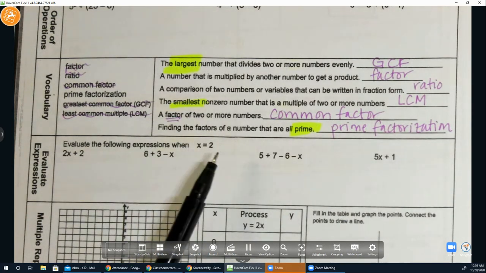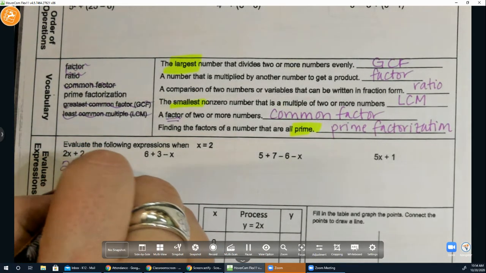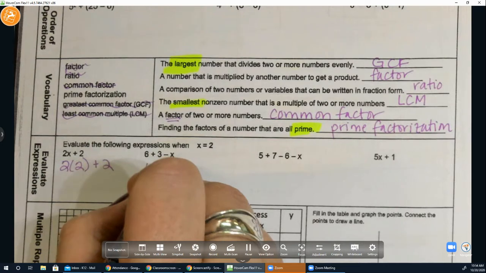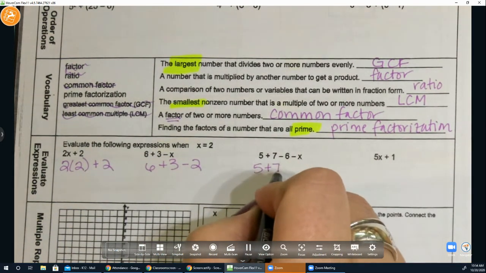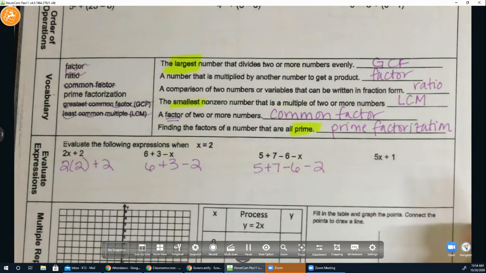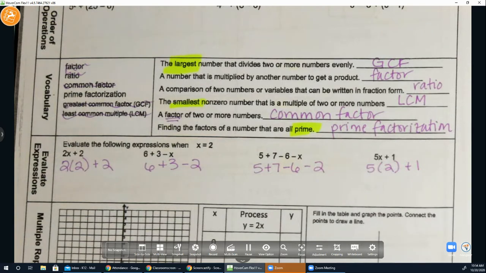So I need to plug in that 2 where I see x. I'm going to go ahead and rewrite this. So this is 2 times 2 plus 2. This is 6 plus 3 minus 2. 5 plus 7 minus 6 minus 2. And 5 times 2 plus 1.